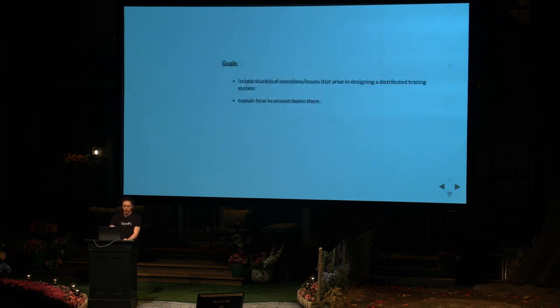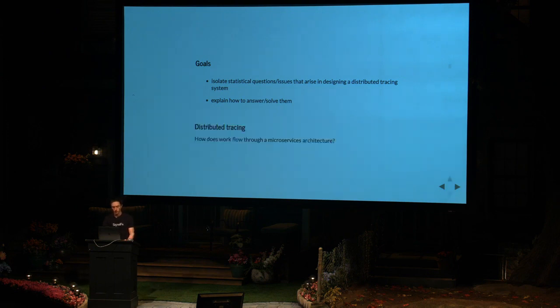As I mentioned, the main goals in this talk are to isolate some of these statistical problems and hopefully present some frameworks for thinking about them, and maybe some answers or solutions. The main question that distributed tracing is trying to answer, in my opinion, is how does work flow through a microservices architecture?